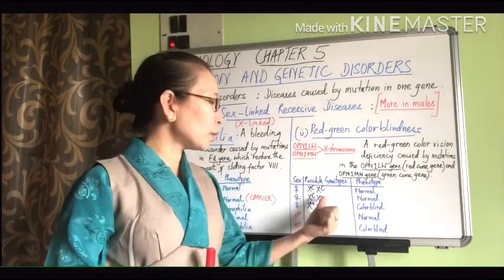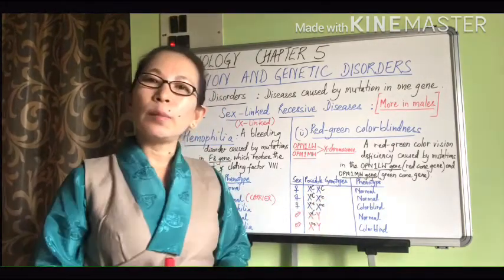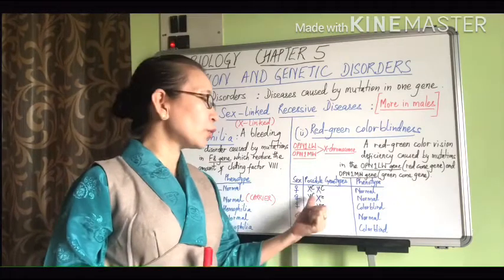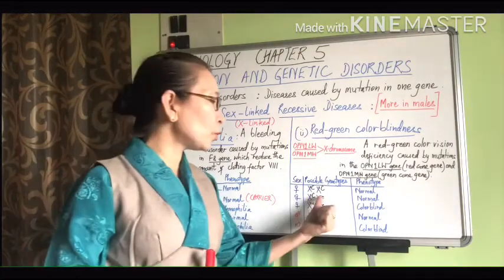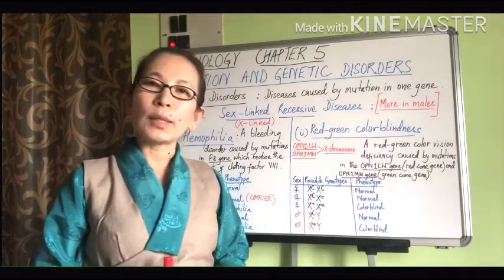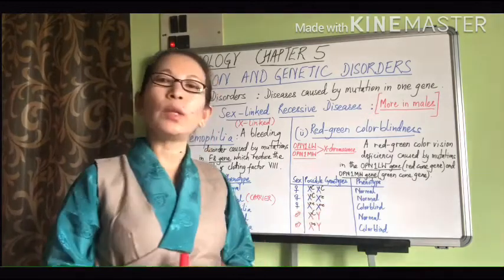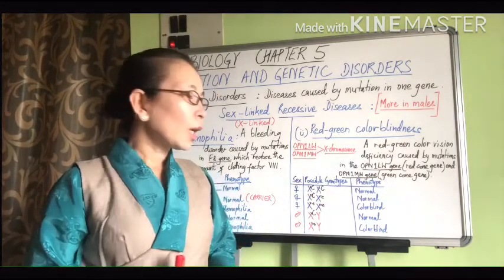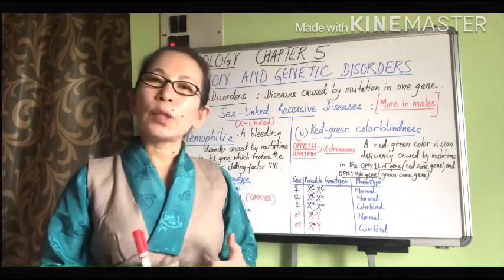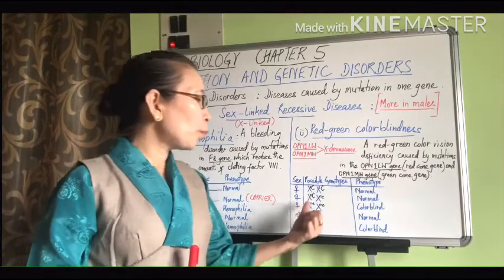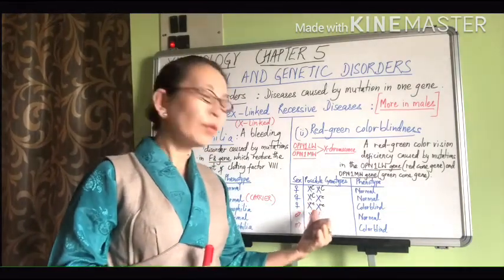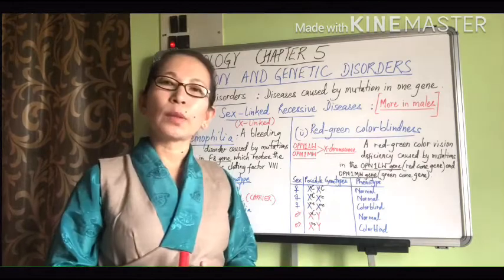Alright, so this itself indicates that the colorblind allele is recessive to the normal allele. So we denote colorblind with small c and the normal allele with capital C. Now, a female can only be affected with color blindness when both of her X chromosomes have small c, small c.